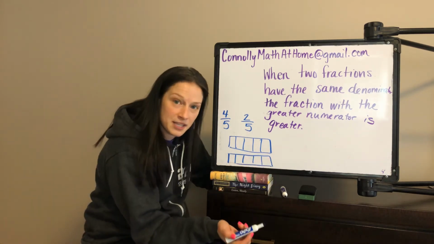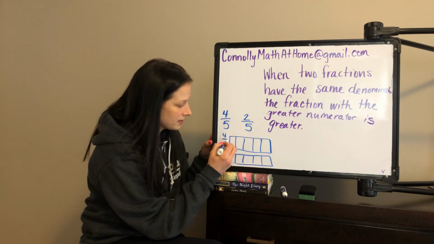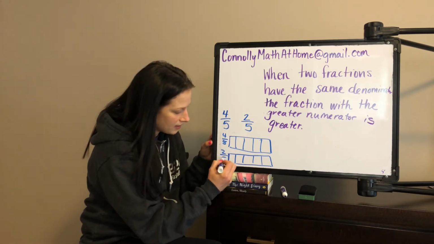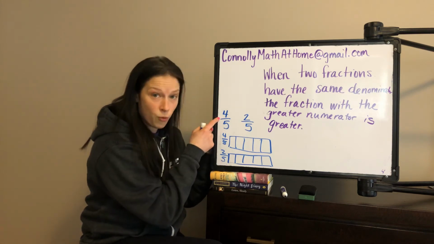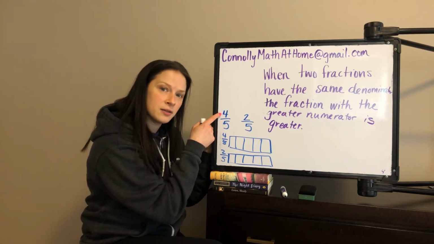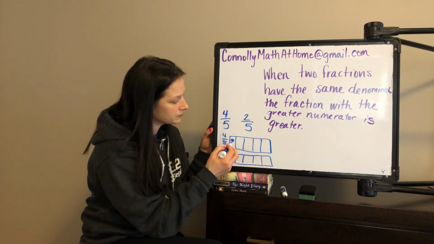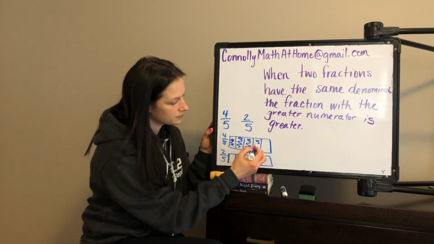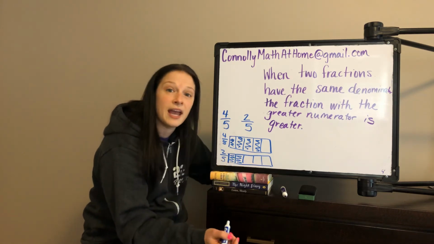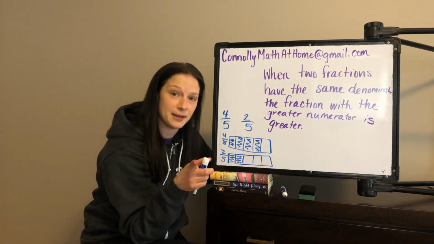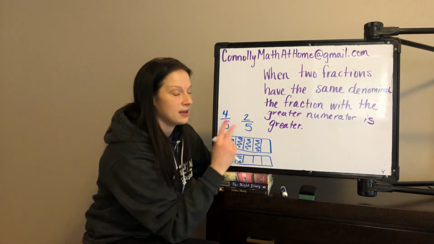So I made them the same size pieces because 4/5 and 2/5 have the same denominator, so we get the same size pieces. 4/5 has a greater numerator. Will it be greater than 2/5? And it is.